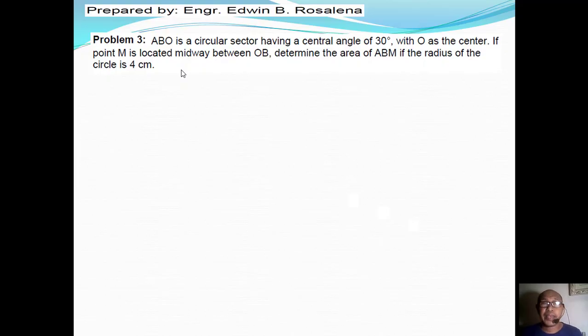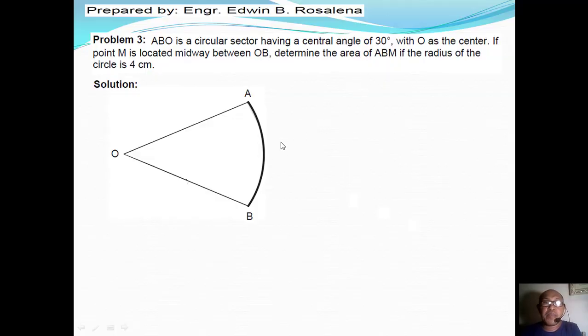Drawing again, so again, read and then draw the figure. ABO is a sector having a central angle of 30 degrees, with O as the center of the circle.